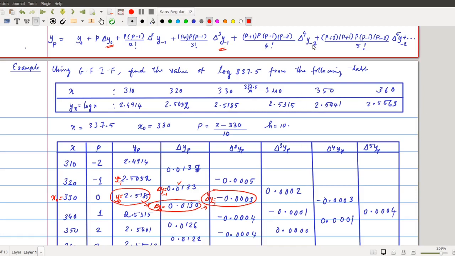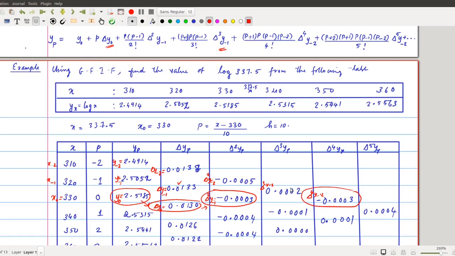So we need to take y minus 2. This is our y minus 2, this is x minus 2, this is x minus 1. This is our y minus 2, and this is our delta y minus 2, this is our delta square y minus 2, and this is our delta cube y minus 2. Now we have this value, our delta raised to 4 y minus 2. So we need to take this value as well.